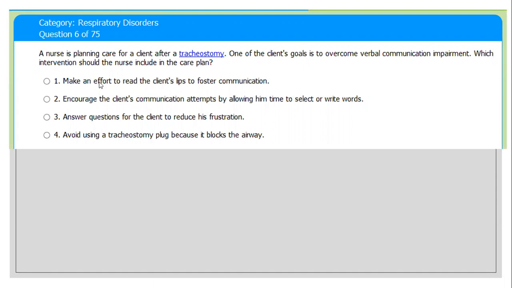Number 1, make an effort to read the client's lips to foster communication. 2, encourage the client's communication attempts by allowing him time to select or write words. 3, answer questions for the client to reduce his frustration. 4, avoid using a tracheostomy plug because it blocks the airway.